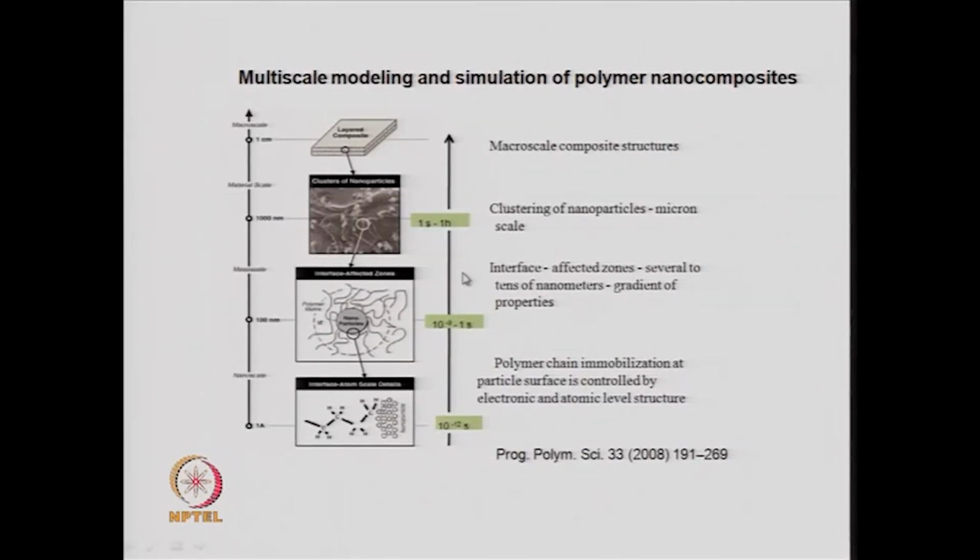Now, these are some experiments. You can also do theoretical or computational modeling and simulation of polymer based nanocomposites, where one of the components is a polymer to which you add some nanoparticles, and you can model and simulate what its properties would be, what the mechanical properties will be of a particular composite which has so much amount of nanoparticles in a matrix of a particular polymer.